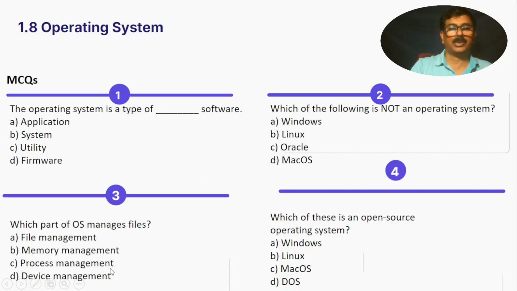Which of these is an open source operating system? Open source means it is free and the source is available. That is the Linux operating system.